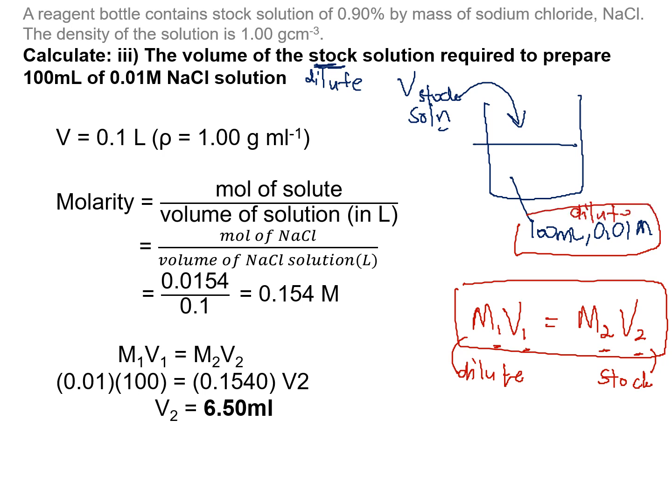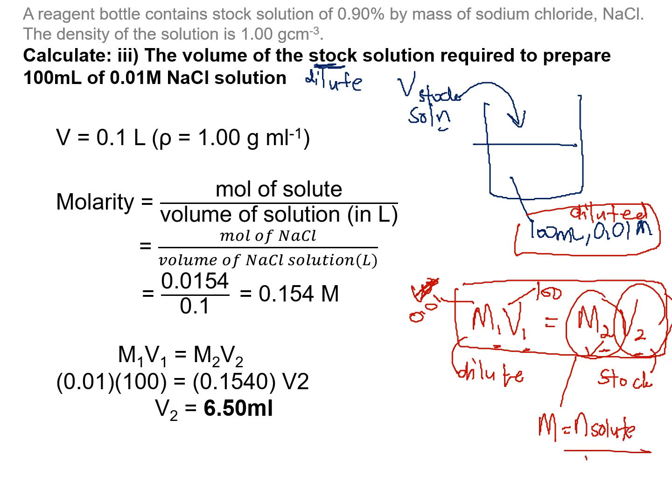The molarity of diluted NaCl we already have, which is, sorry, 0.01. Volume is 100. The question wants you to find V2, so you have to find M2 first. How to find M2? As usual, M is equal to number of mole of solute divided by volume of solution. Do we know the number of mole of solute? Yes, we know because we calculated it earlier for the mole fraction. Do we know the volume of solution?